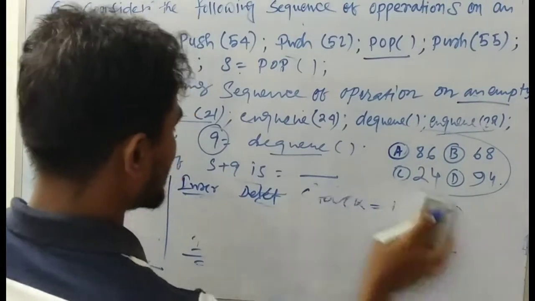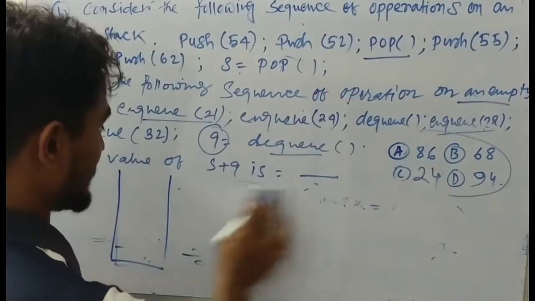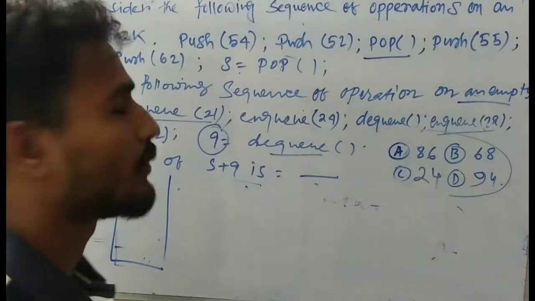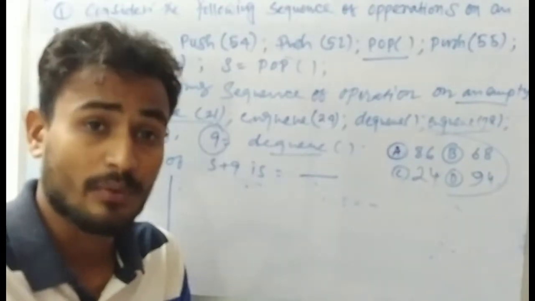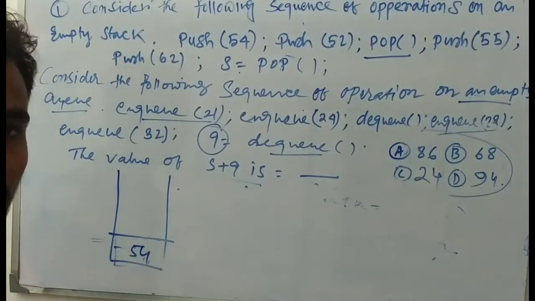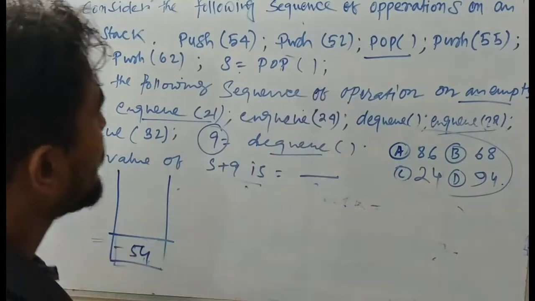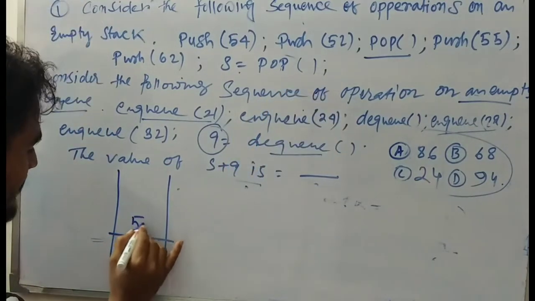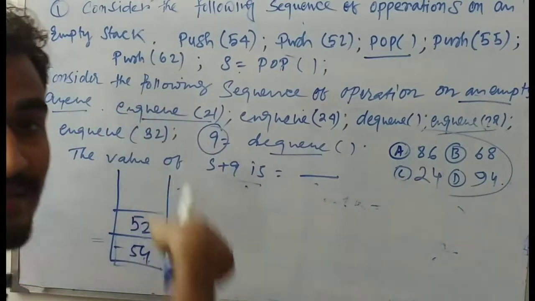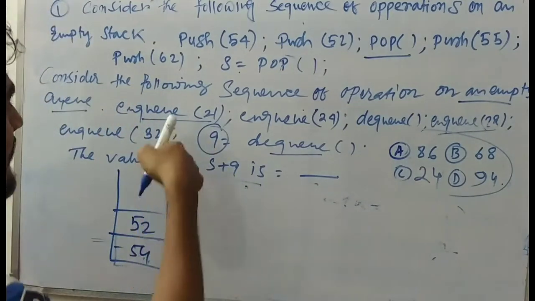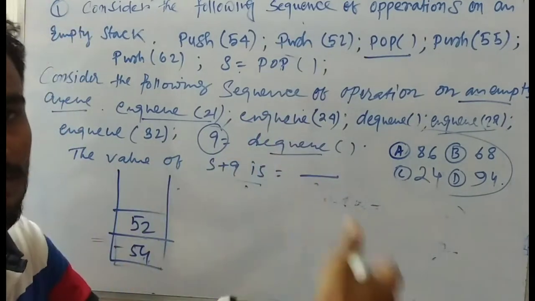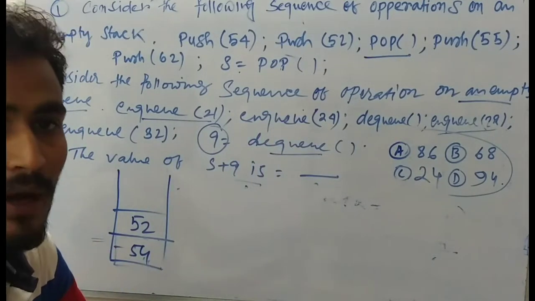Now my question is: first I explain the stack. Push 54. Push means insert 54. Then push 52, so I have inserted the elements 54 and 52. Then pop. Pop means deleting an element.